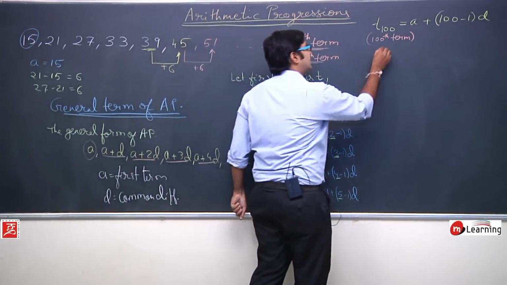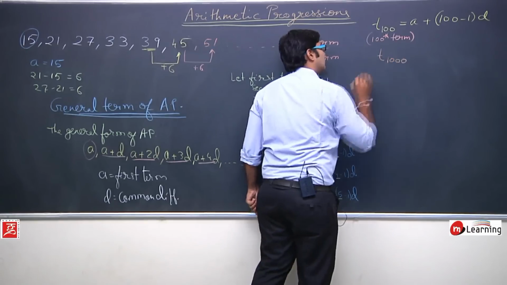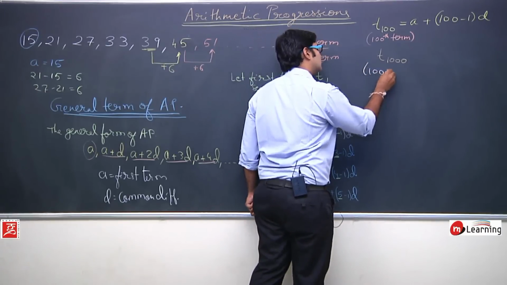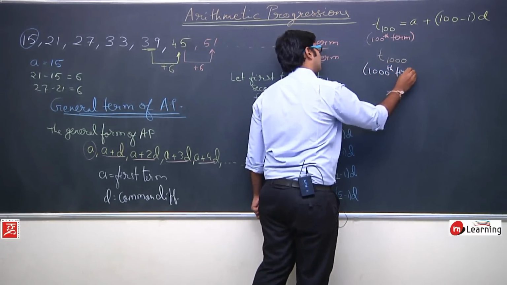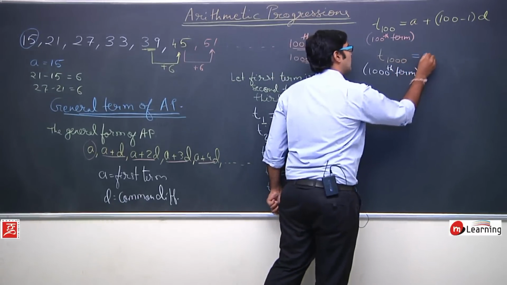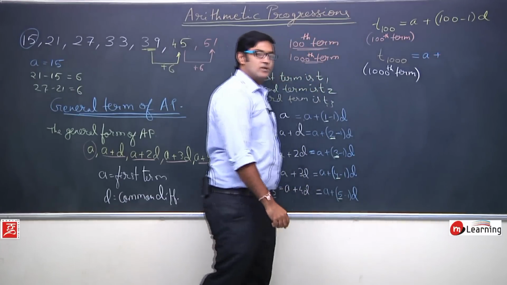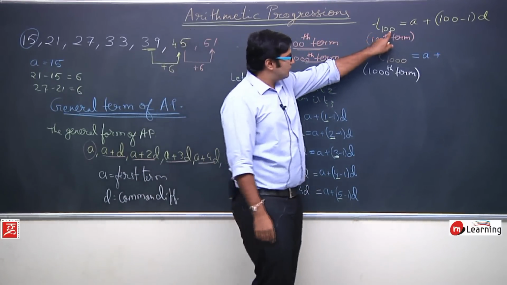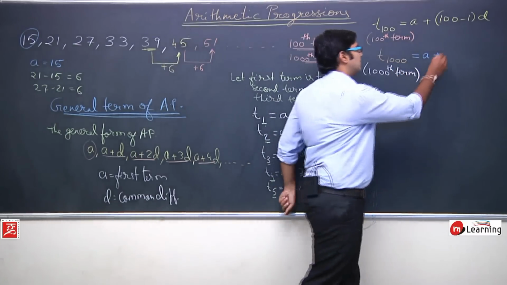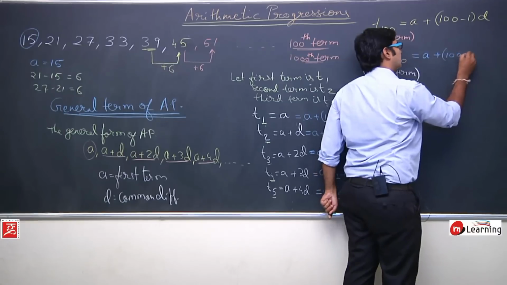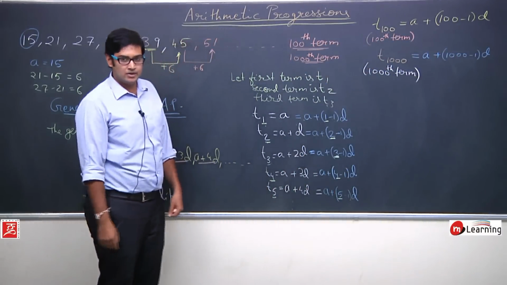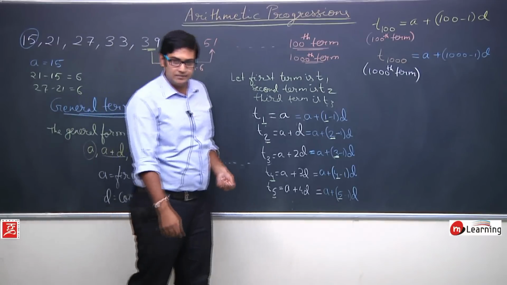Similarly, if I want to write T1000, T1000 means the 1000th term. I can write T1000 as a plus, a is common, then for the 100th term it is 100 minus 1, and for the 1000th term it will be (1000 minus 1) d.